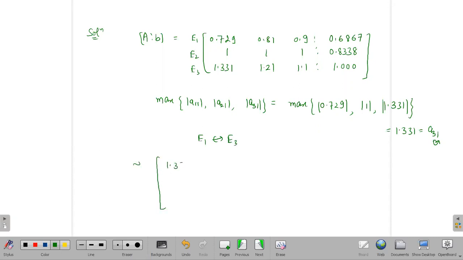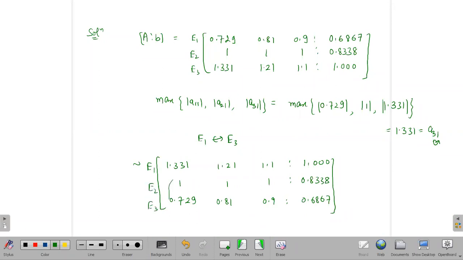Replace 1.331, the full row, you have to replace it with 1.21, 1.1, then 1.000. The second row will be same. So this will become the third row. So now it has become first, second, and third.